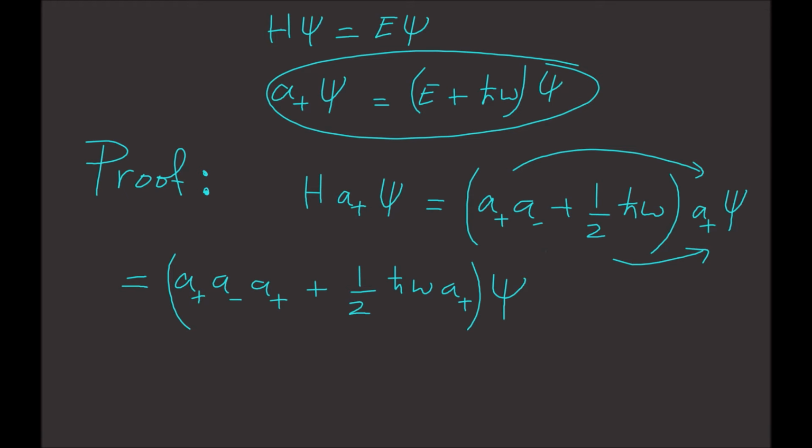Okay, so now we're gonna factor out A plus from both sides. So we have A plus, this is gonna give us A minus A plus plus 1/2 h bar omega times psi.